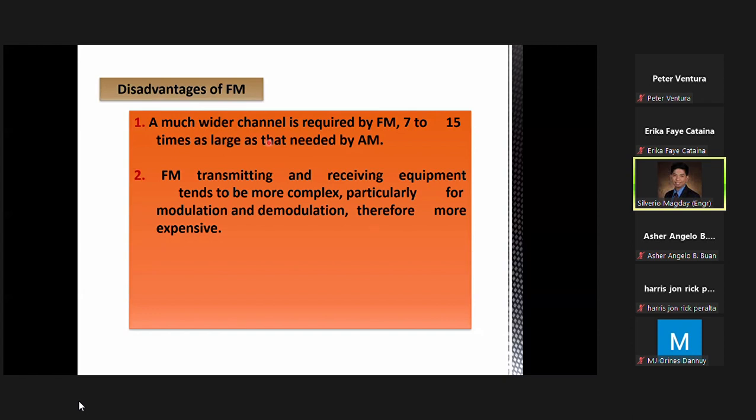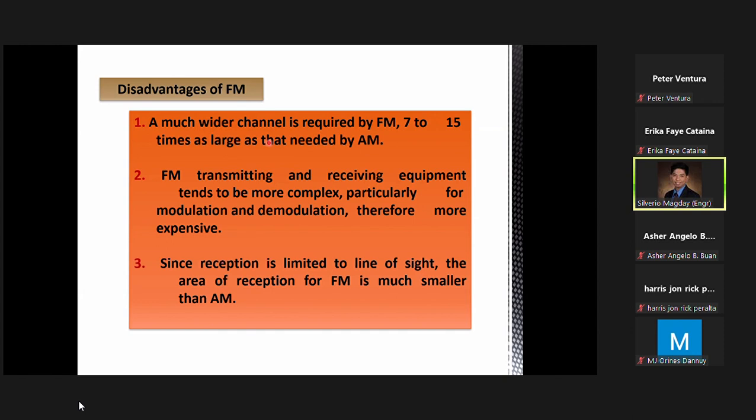It is complex, particularly for modulation and demodulation, therefore more expensive. Also, since reception is limited to line of sight, the area of reception of FM is much smaller than AM. Pansinin niyo dun sa bandwidth, 88 to 108 pag FM, pag AM, ano naman pag AM?